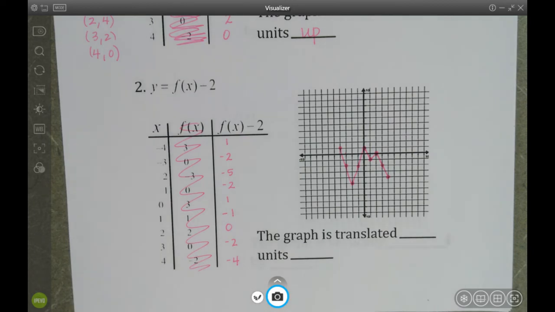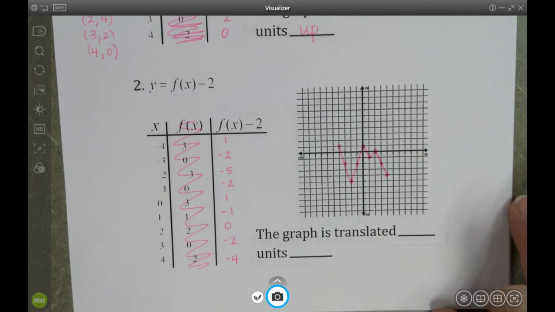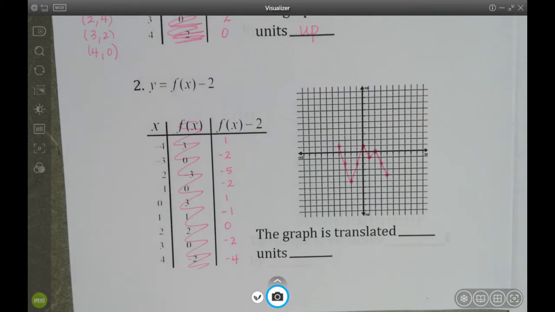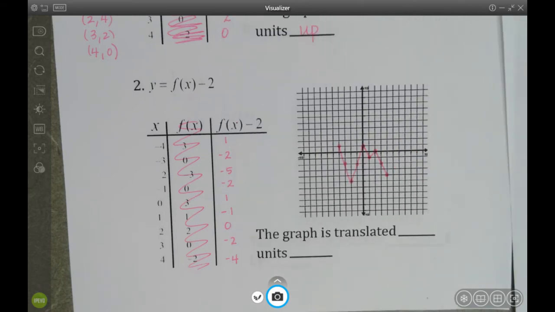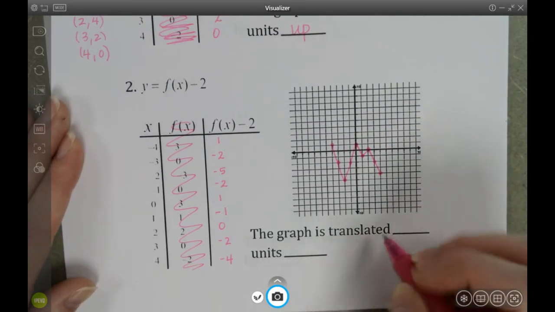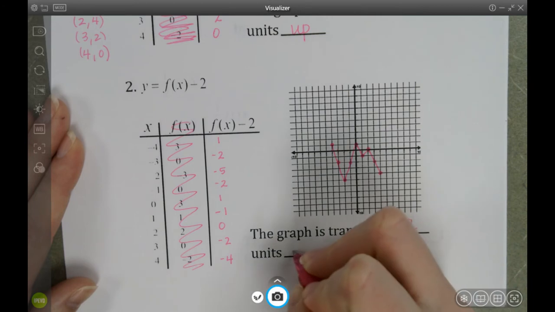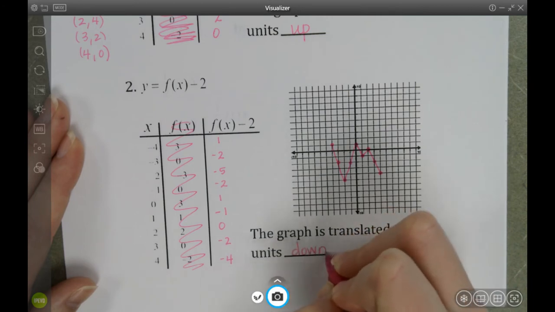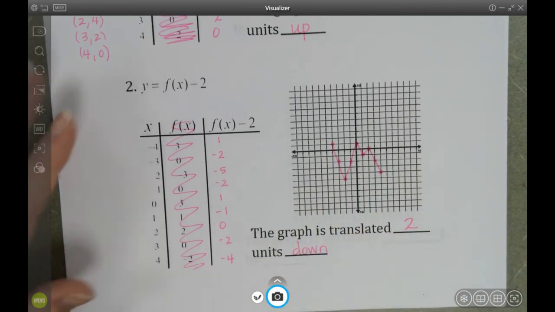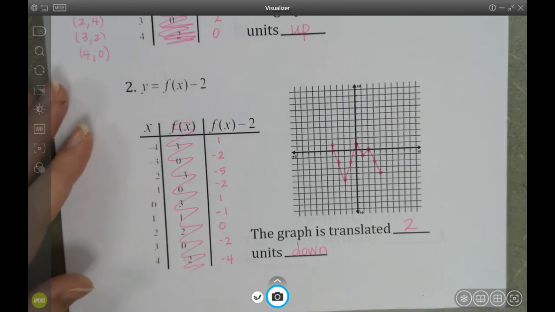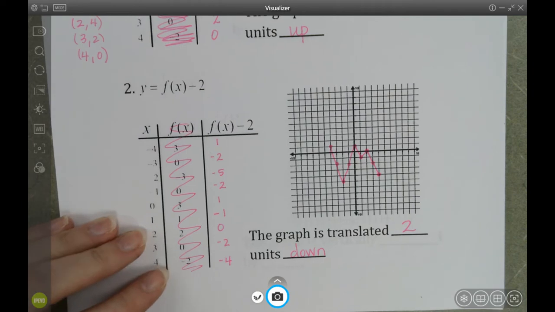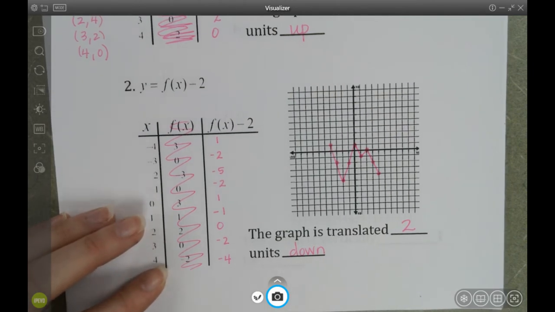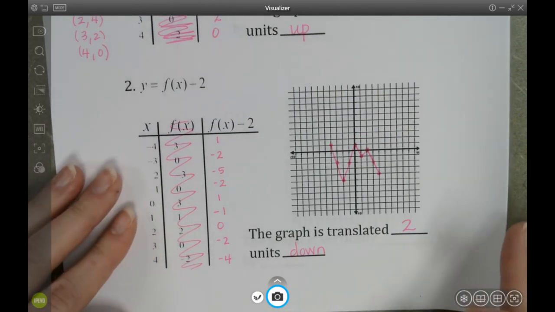Okay, so what happened this time? Yep, my original one on the front of the book got shifted down 2 units. So it's translated 2 units down. Okay, so when I add a number to the end, it moves my graph up 2. When I subtract 2 from the end, it moves it down 2.